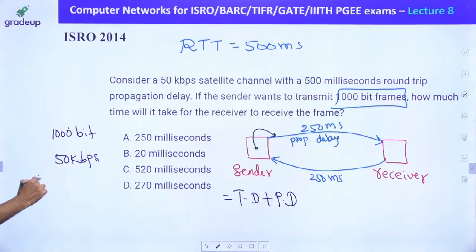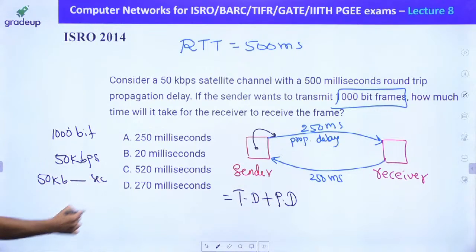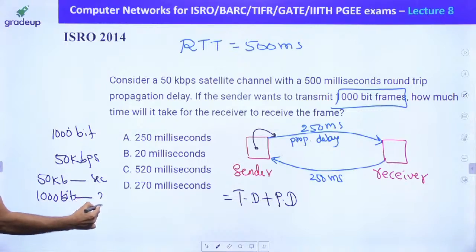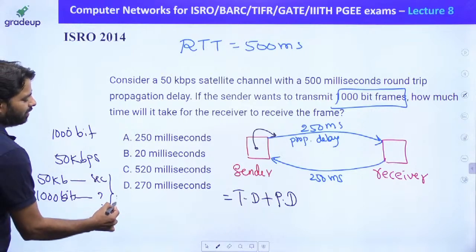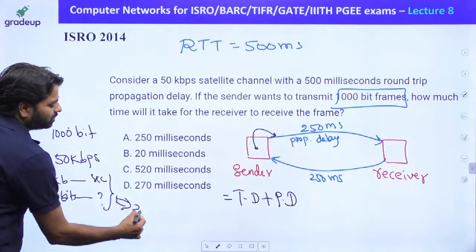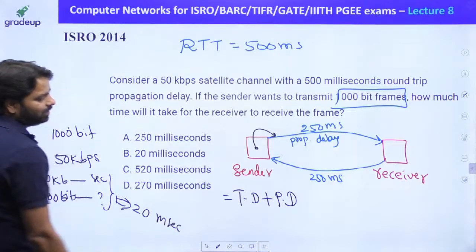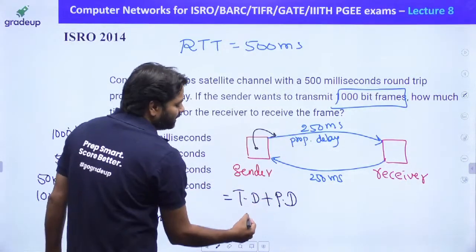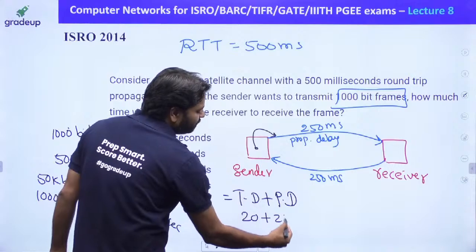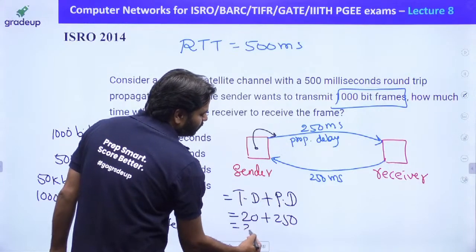How much time does it take for this, guys? Anybody? 50 kilobits per second and 1000 bits, how much time does it take? What is the answer you got? 20 milliseconds. So already you have 250 milliseconds, 20 plus 250 milliseconds, which will give you 270.